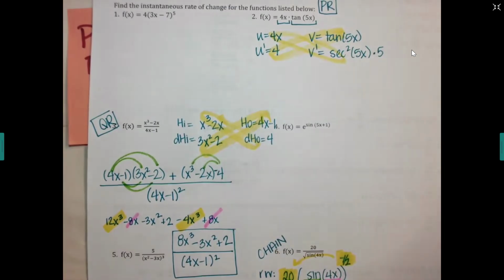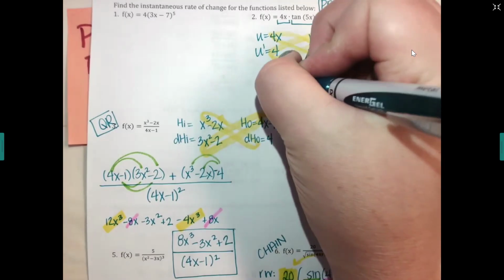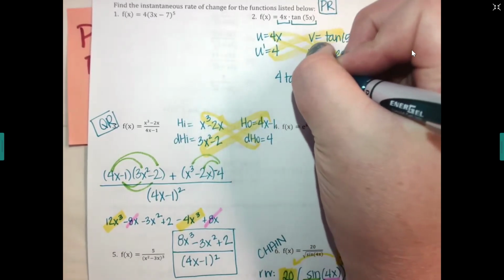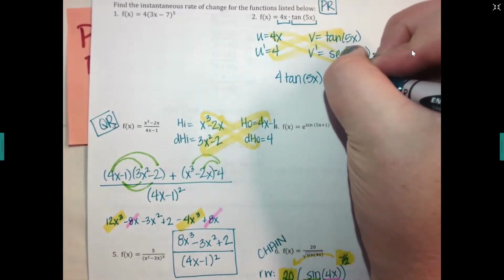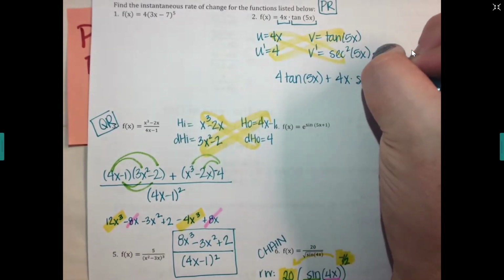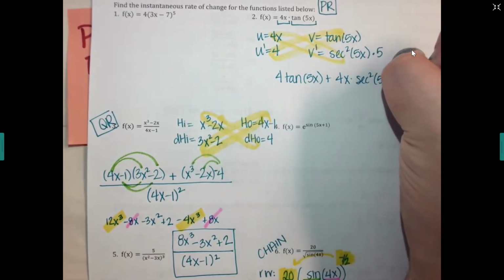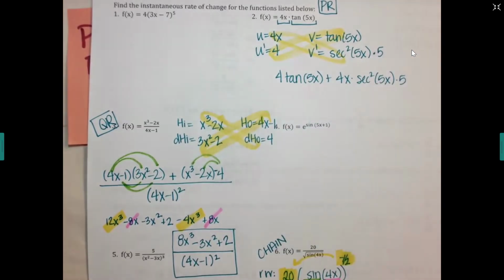All right, so I'm going to have 4 times tan 5x plus 4x secant squared 5x times 5. Then remember, the way almost all of your answers are going to be presented as multiple choice is if there's a GCF, they're going to pull it out.